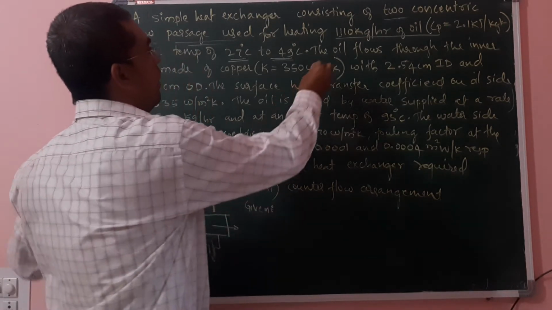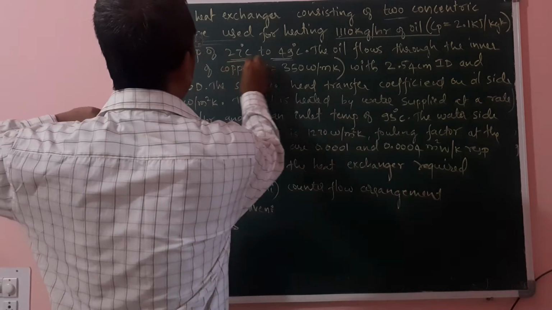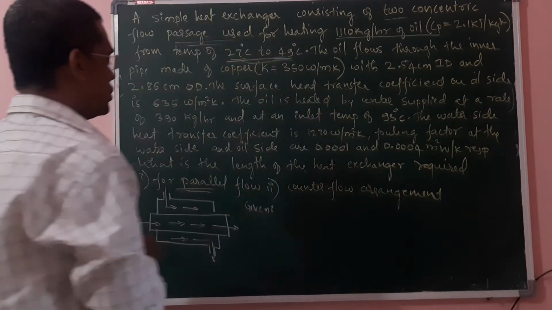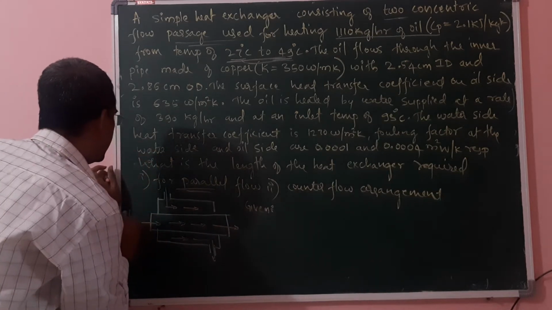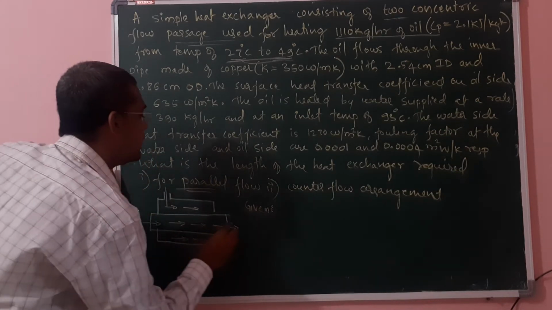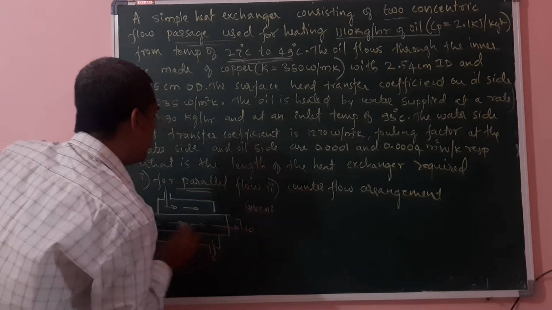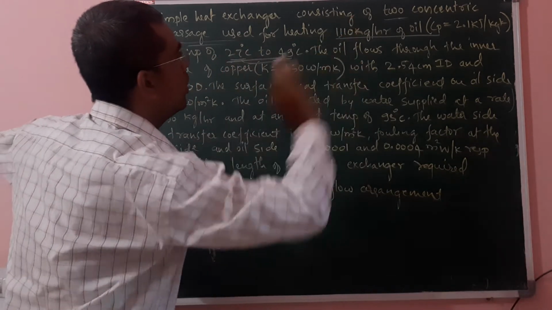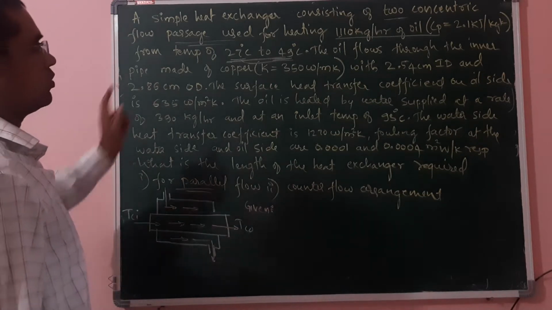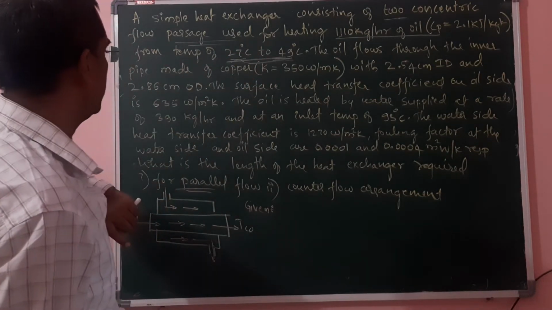Oil has to be heated from 27 degrees Celsius to 49 degrees Celsius, means that will be the cold fluid. This is TCI, this is TC0, a cold fluid which has to be heated from 27 to 49 degrees Celsius.